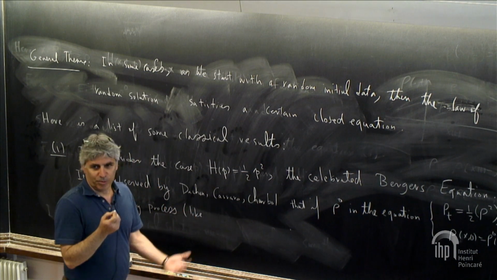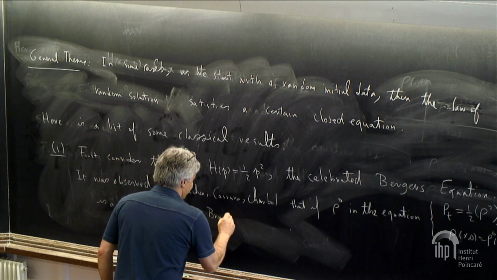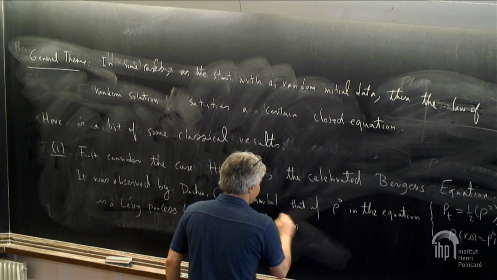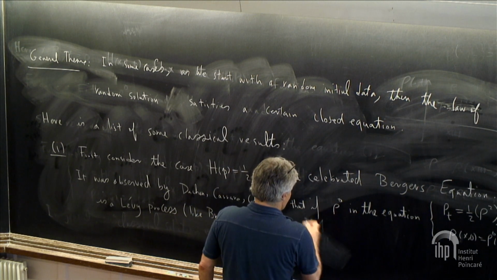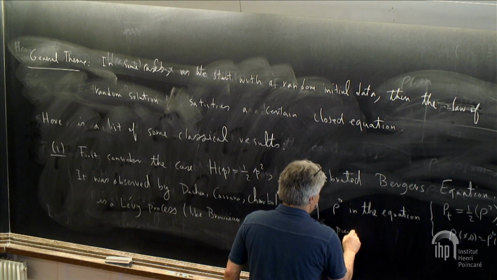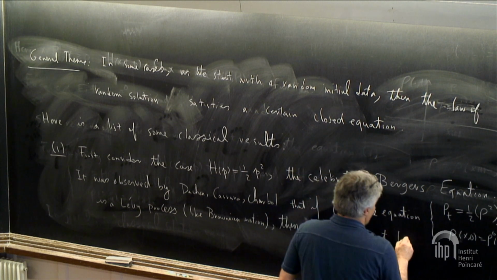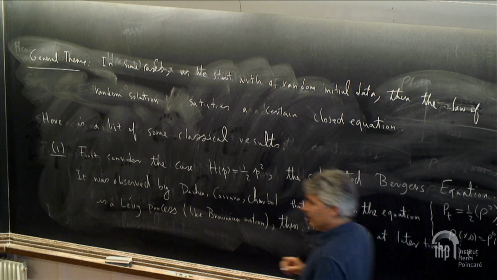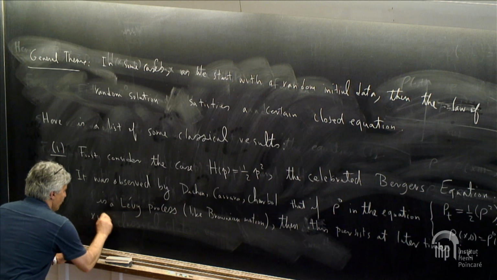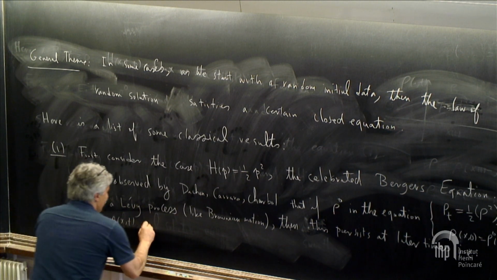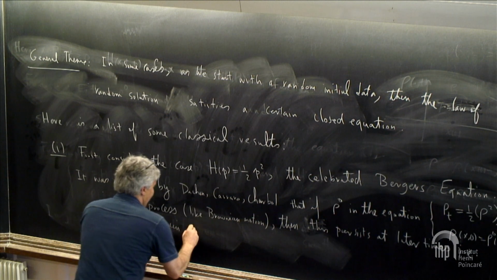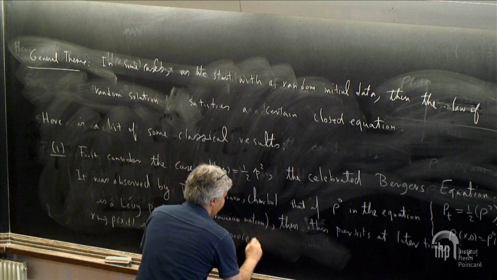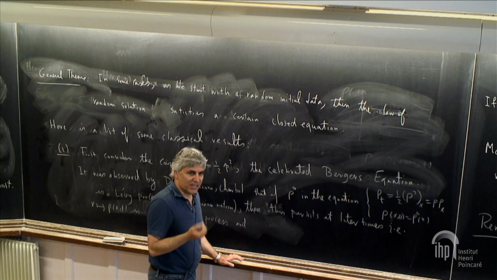Like, for example, you can take it to be Brownian motion. Then this persists at later times, i.e. x going to rho x t is again a Lévy process.